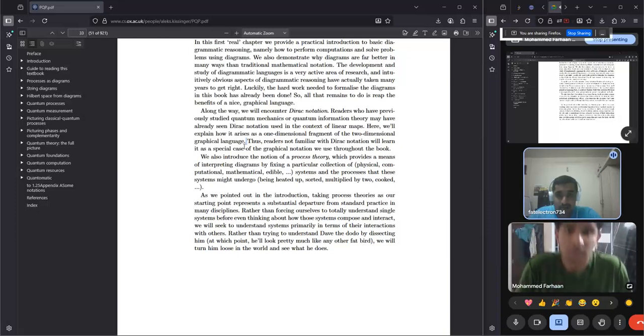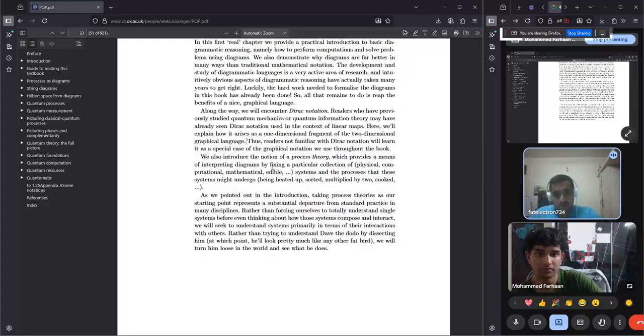Thus, readers not familiar with Dirac notation will learn it as a special case of the graphical notation used throughout the book. We also introduce the notion of a process theory, which provides a means of interpreting diagrams by fixing a particular collection of physical, computational, mathematical, or even ethical systems, and the processes that these systems might undergo, like being heated up, sorted, multiplied by 2 or cooked.